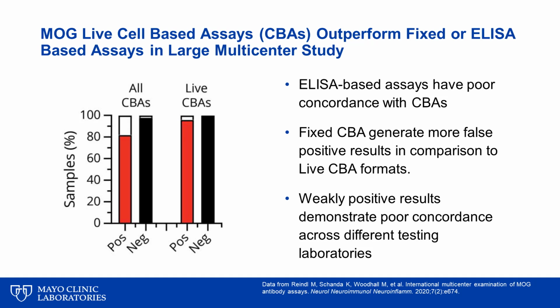In comparison, on the right side of this figure is the performance of only the live cell CBAs, where you can see an increase in identification of the positive samples and the lack of identification of negative samples, indicating superior diagnostic accuracy. These studies indicated that approximately 10 to 15% of cases would be missed if relying solely on non-live cell assays or through the use of fixed assays.